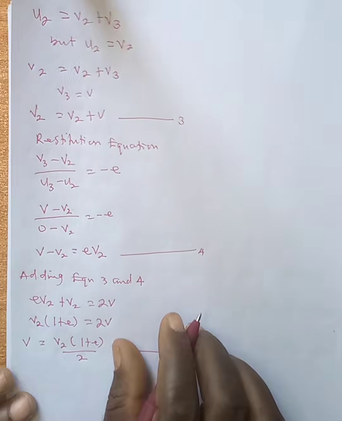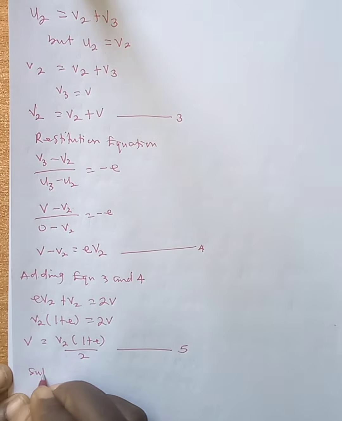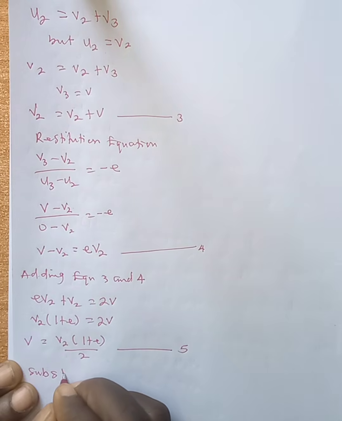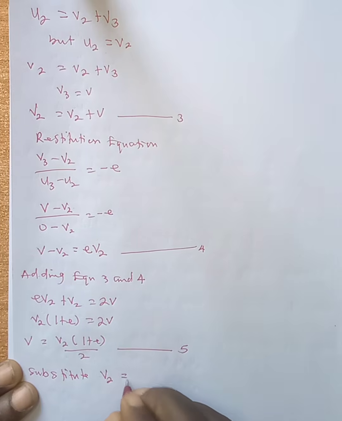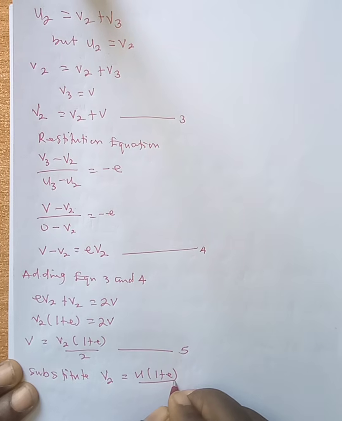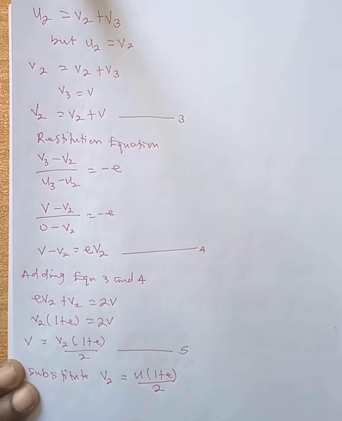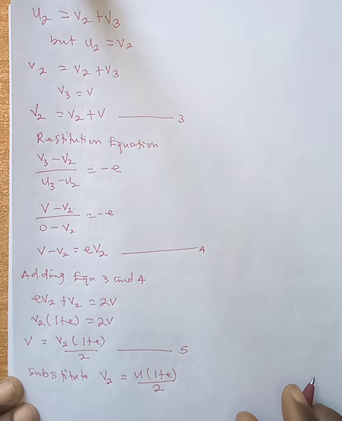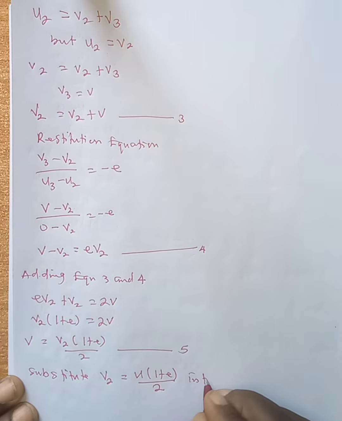Then the next thing we do here is we substitute v2, which is equal to u into 1 plus e over 2, that we have already derived from collision between 1 and 2, into equation 5.